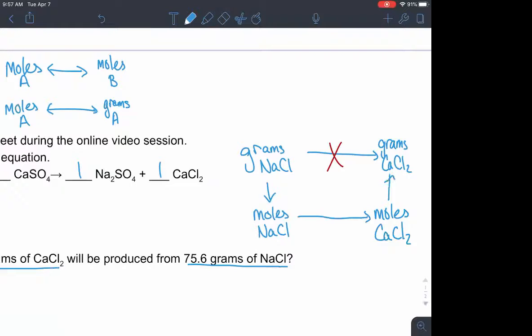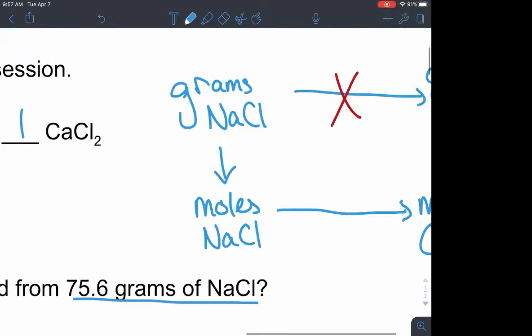Perfect. All right, and one last thing I want to ask before we sign out here. If we're starting with grams of NaCl, how do we get to moles of NaCl? What do we have to use? It's the molar mass, right?